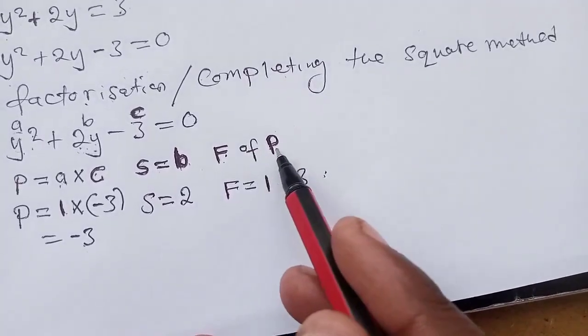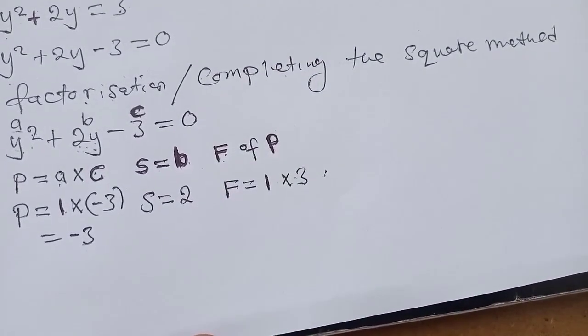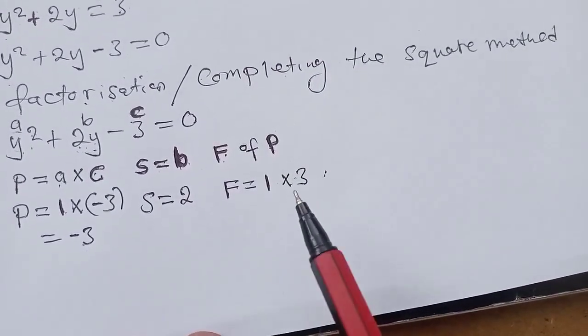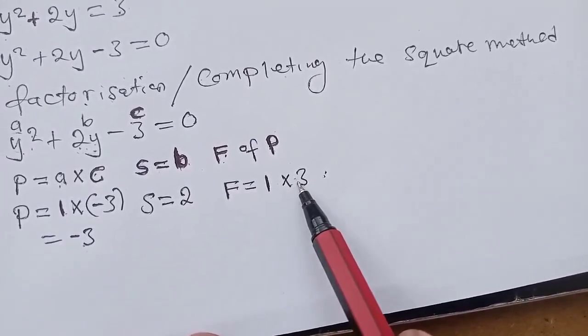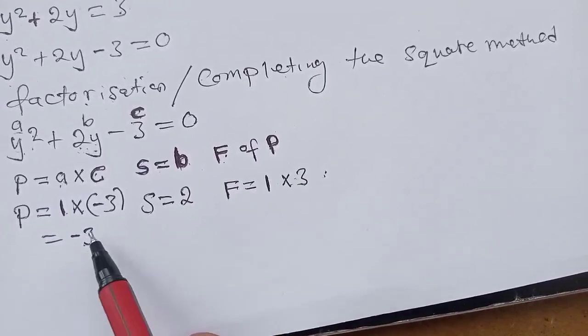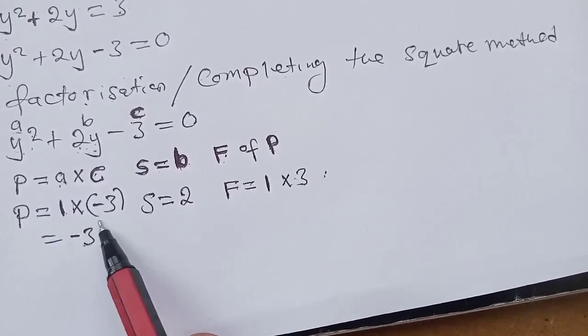So these factors, how do you find them? You find the numbers that when you multiply themselves, they should give you the product.